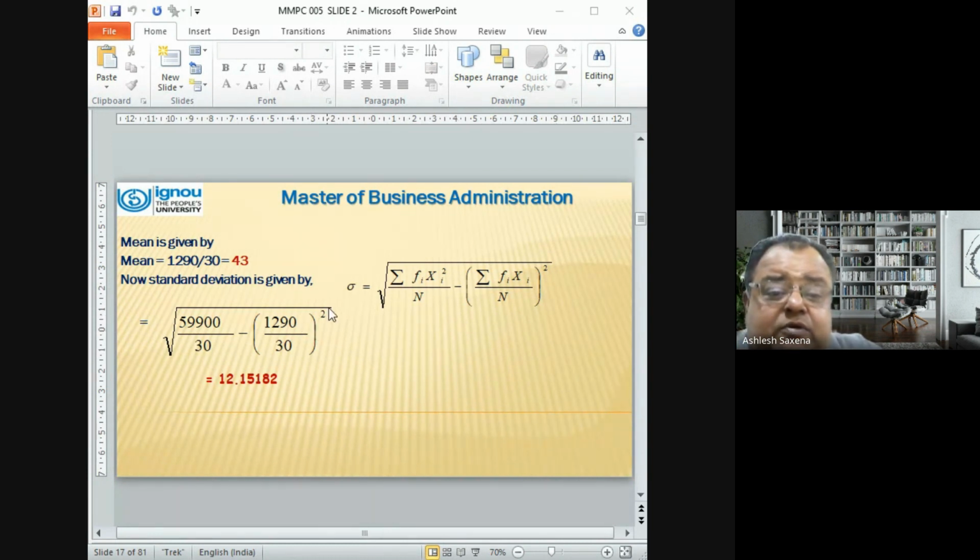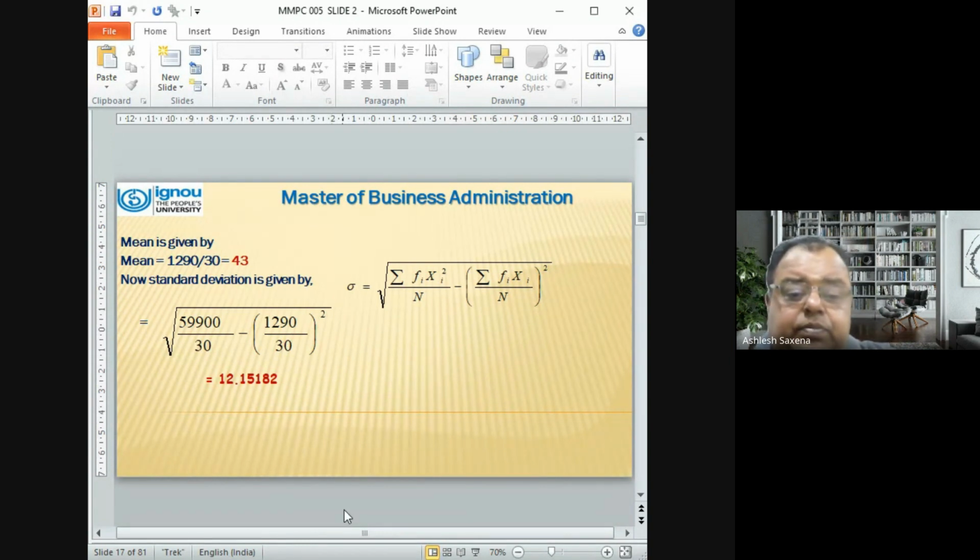Don't remove this square with this under root. You have to calculate its value, square it, subtract this value from this value, and then do the under root. After calculating all, you will get 12.15. Up to 2 places of decimal, this is okay, or maximum to 3. That will be 12.151.